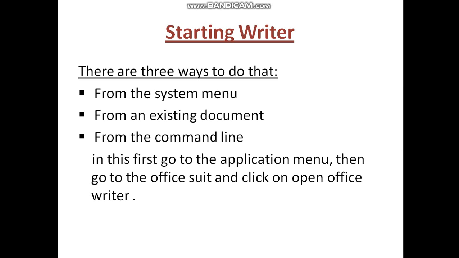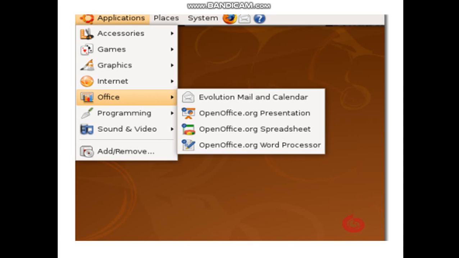First go to the application menu, then go to Office Suites and click on OpenOffice Writer. See, this is the basic window of the Ubuntu Linux operating system. So this is OpenOffice. First of all, this is a window of the Ubuntu Linux operating system, not a Windows operating system.